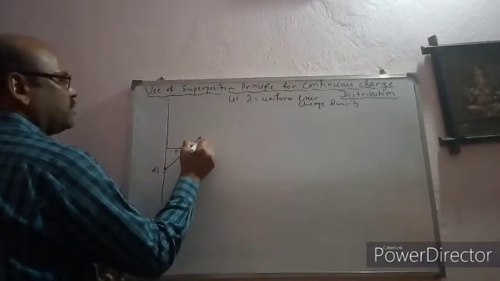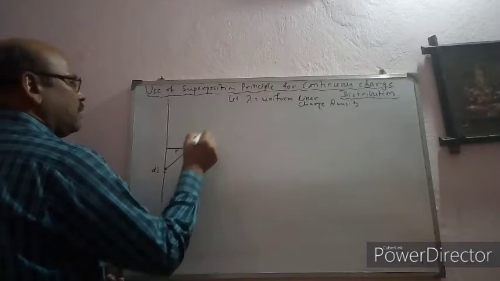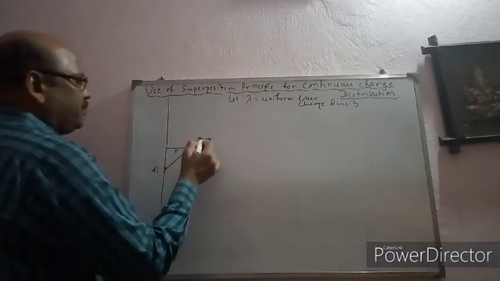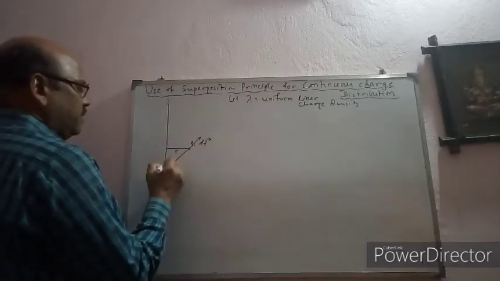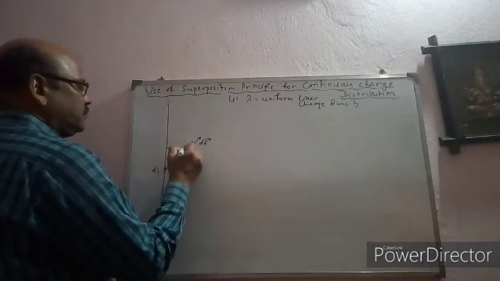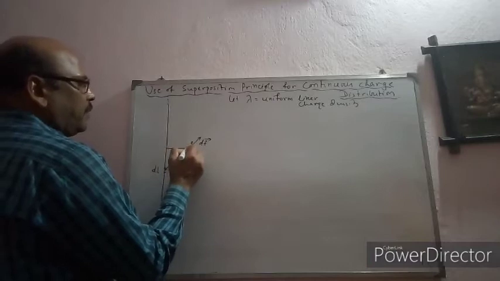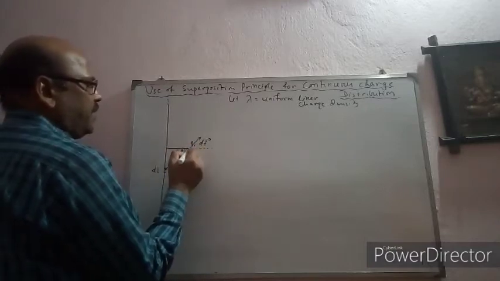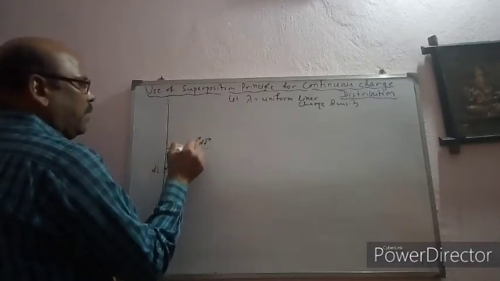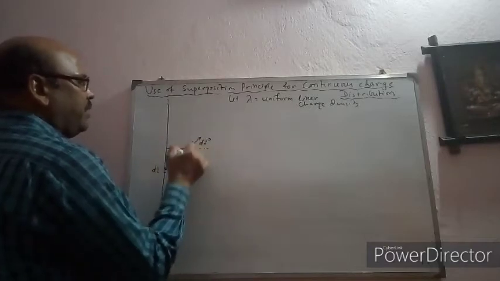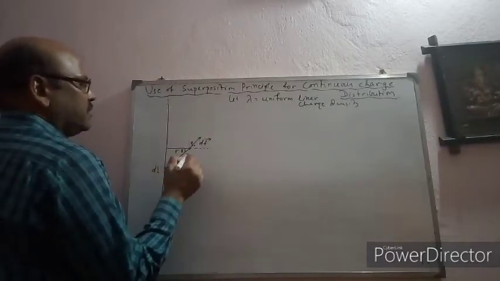Along this direction, this is the value dF. We can resolve this dF if this angle is, say, theta. We can resolve dF along the perpendicular direction and the vertical direction.